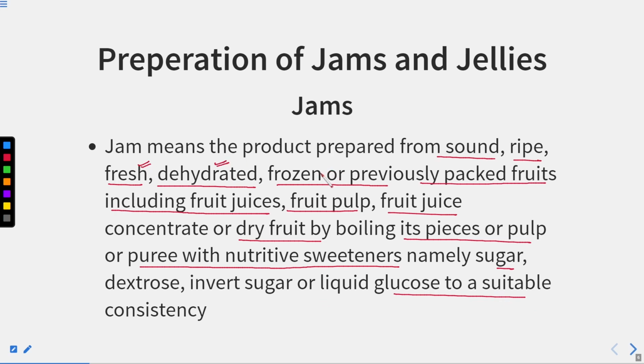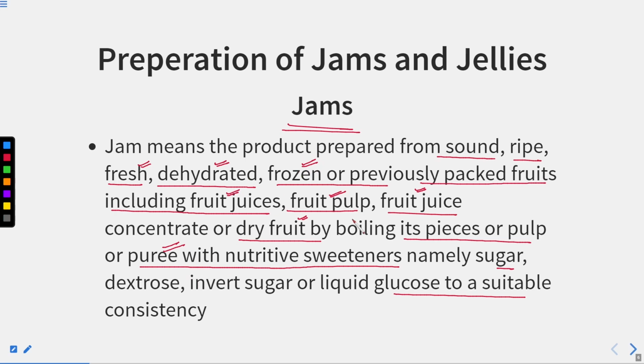Sometimes the fruits are kept frozen, and that can also be used for the preparation of jams. Sometimes there are packed fruit juices, fruit pulps, and fruit juice concentrate with dry fruit, and sometimes pieces as well. Sometimes fruit puree or vegetable puree is also there, and that can also be used for the preparation of jams. It is not that we are always using fresh ripe fruit. We can use the frozen one also.